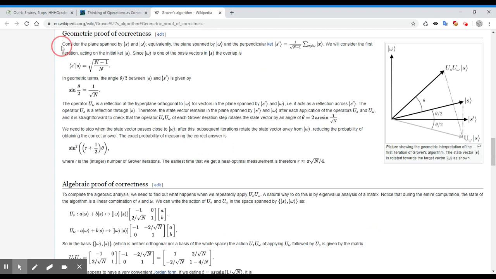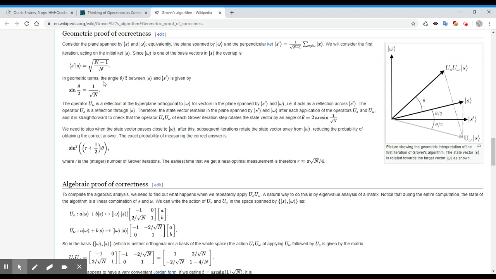So consider the plane spanned by S and W. Equivalently, the plane spanned by W and the perpendicular ket S prime. We will consider the first iteration acting on the initial ket S. Since W is one of the basis vectors in S, the overlap is this.